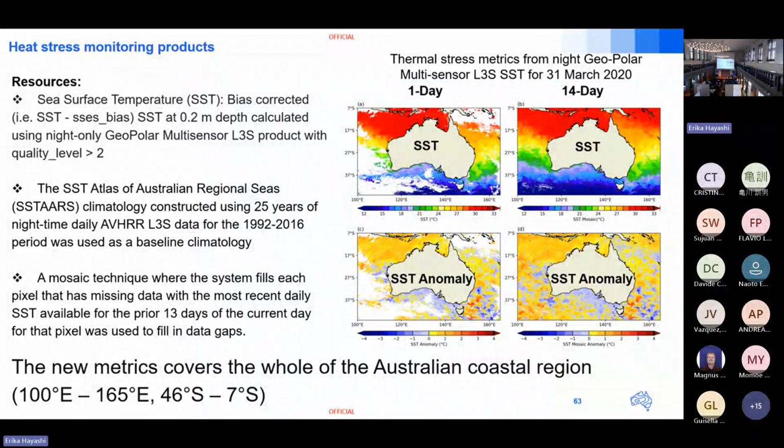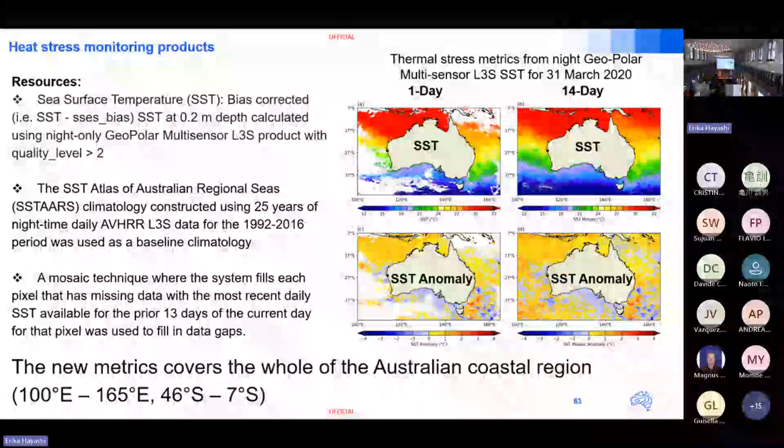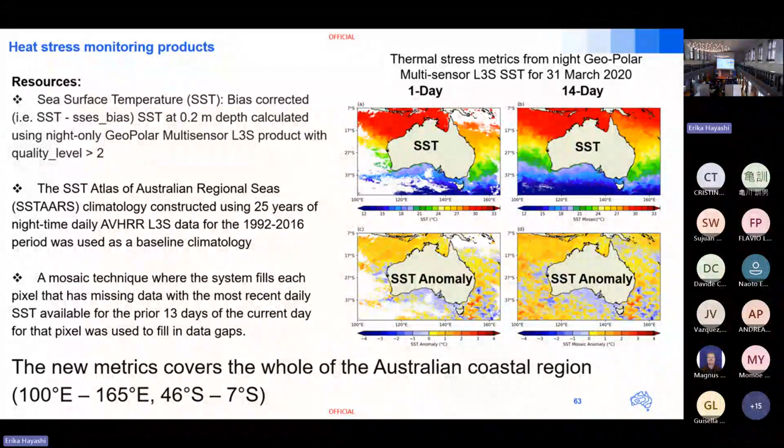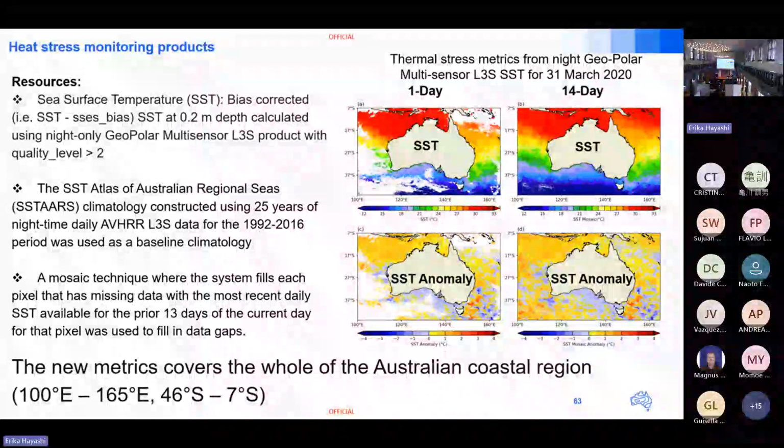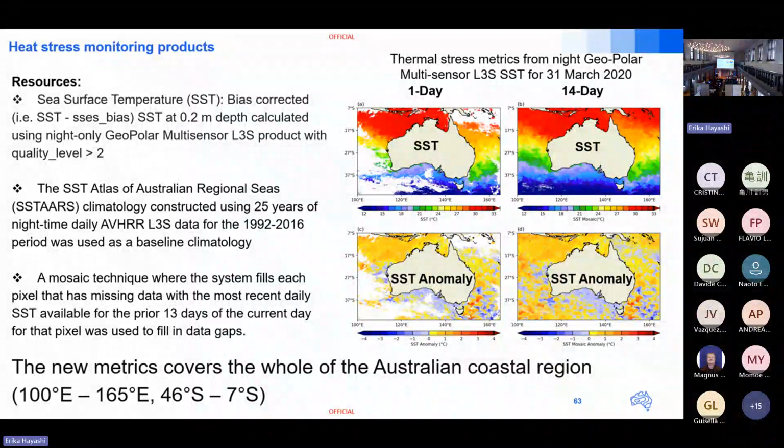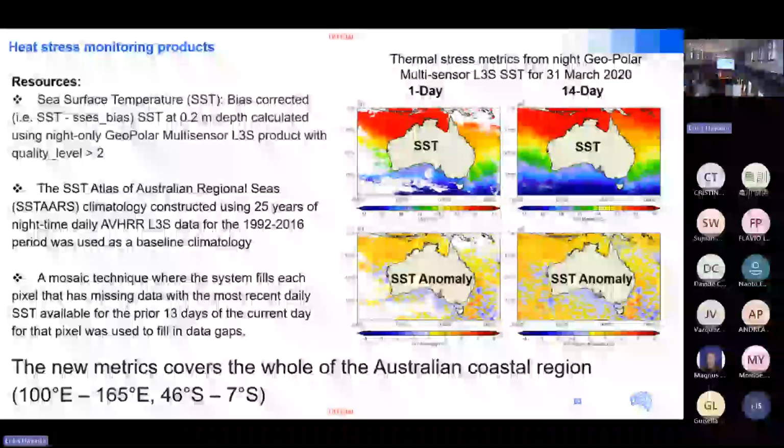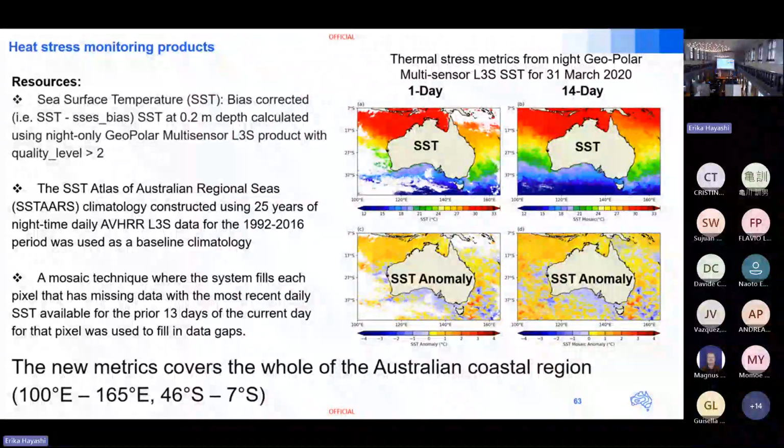With the geopolar multi-sensor, again the addition of Himawari with polar orbiters, we are using that SST. We are subtracting the SSES bias before using that SST, and also converting it to a subskin SST, that is 20 centimeters down, because our climatology that we are going to use is calculated at that level.